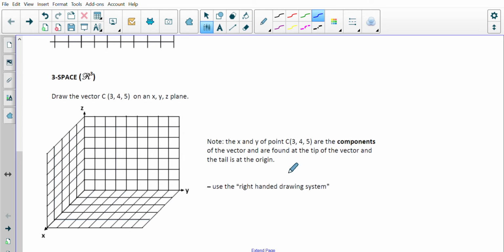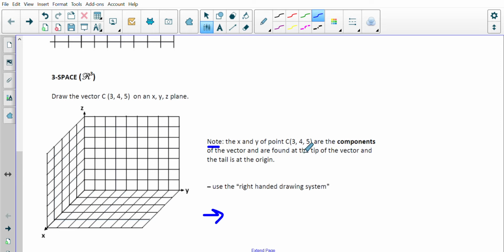Now, because it's three-dimensional and we're drawing it on a two-dimensional surface, there's going to be a challenge there. First of all, I should put a note here that the x, y, and z of point C, 3, 4, 5, are the components of the vector.